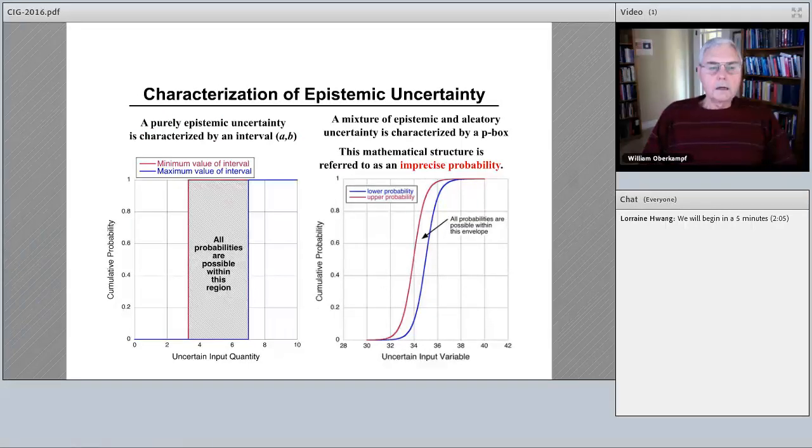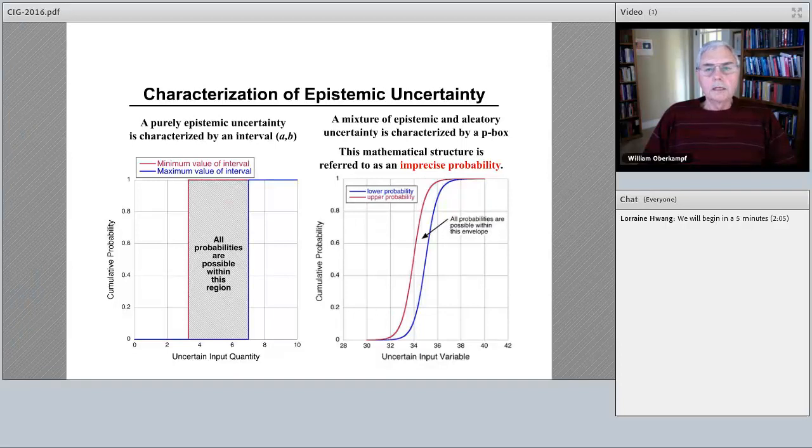For those of you who have not dealt with this whole field of how you represent epistemic uncertainties, most people represent them with traditional uniform distributions, but I want to make you aware that they can be represented much more loosely. A purely epistemic uncertainty is characterized by an interval.